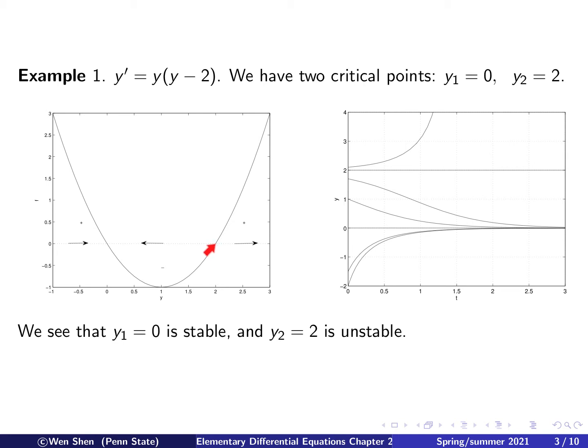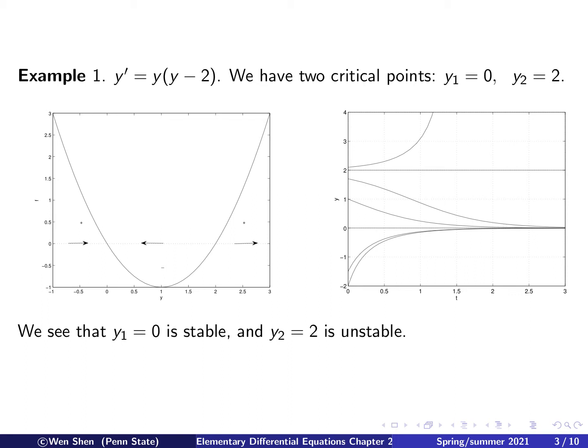Similarly, for the case when y is bigger than 2, f of y is bigger than 0, and therefore y prime is bigger than 0, and the y value will increase in time. So we put this arrow.